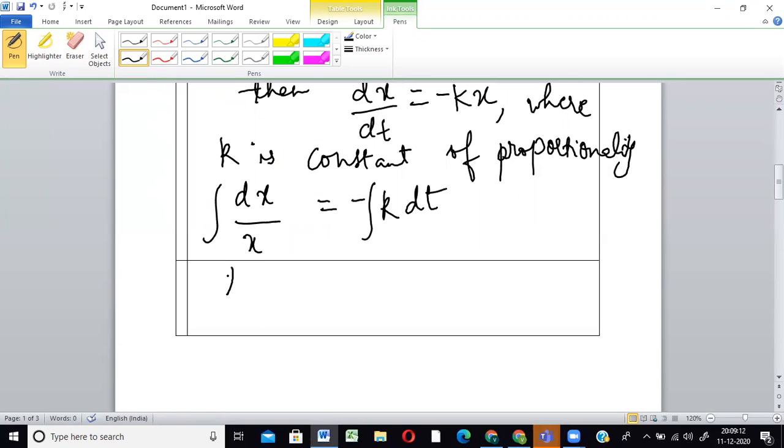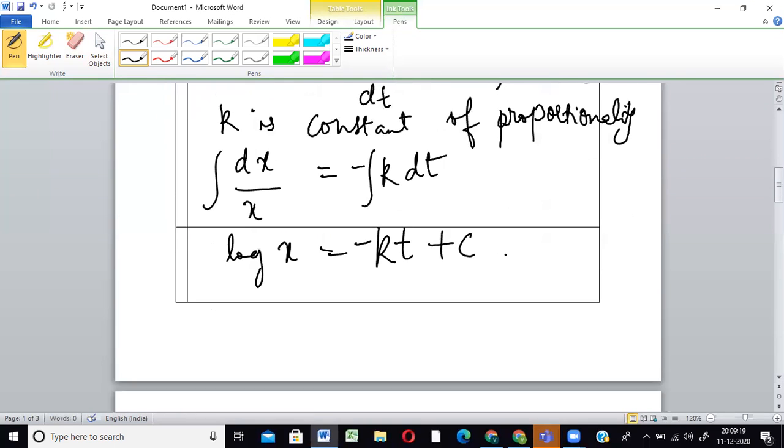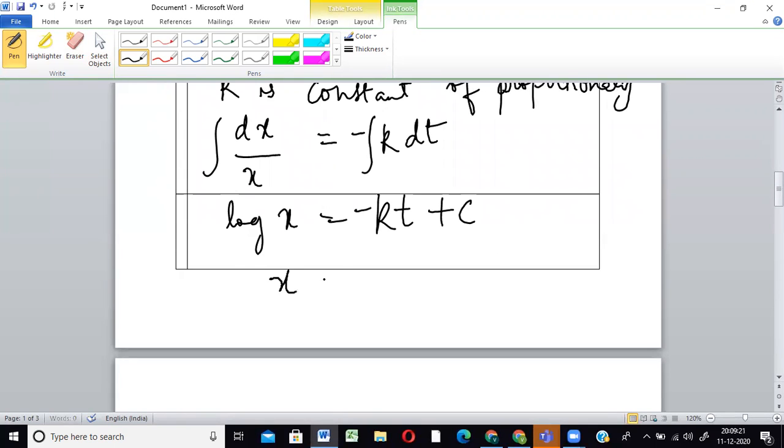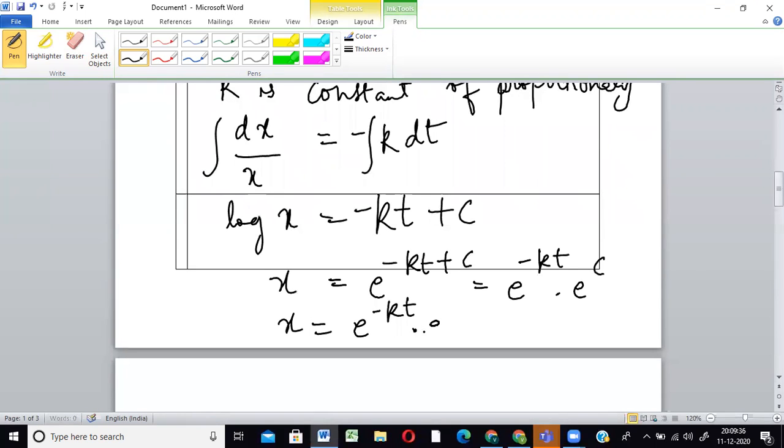After this we get log x, which is equal to minus k into t plus c. Then the final step, like how we used to write all the time, x is e raised to minus kt plus c. So this is nothing but e raised to minus kt into e raised to c. We can always write it like that, right? So x will be e raised to minus kt into e raised to c.